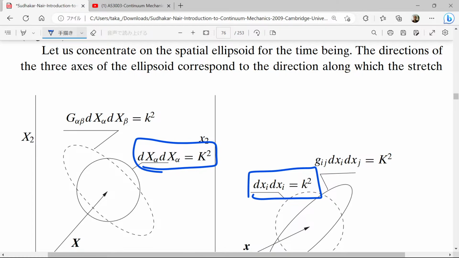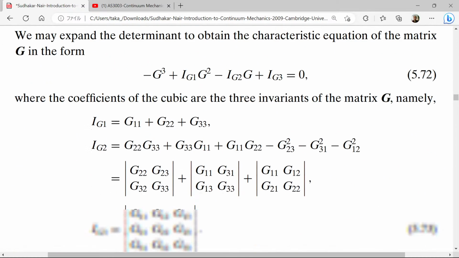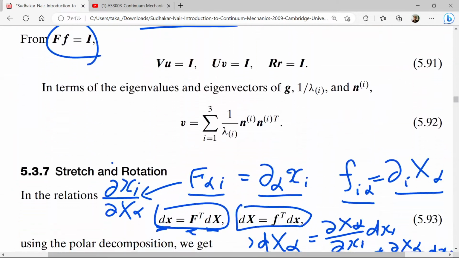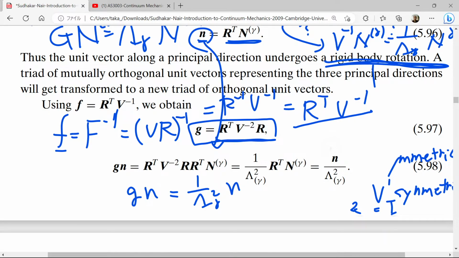What looks like a material sphere is actually the material ellipsoid, and what looks like a spatial sphere is the spatial ellipsoid. Okay, so it's opposite. The definition of the word is opposite to the feeling we have.